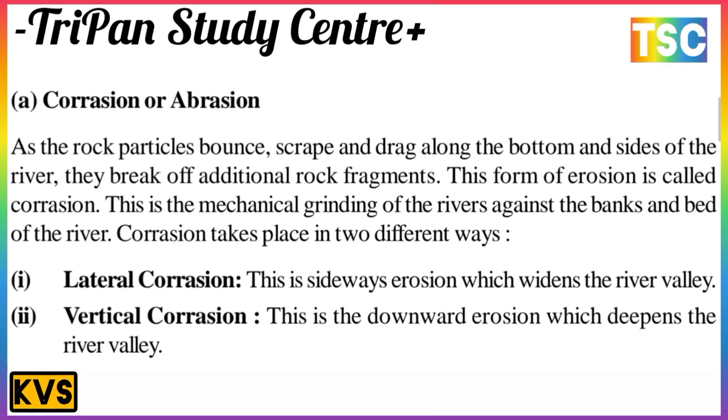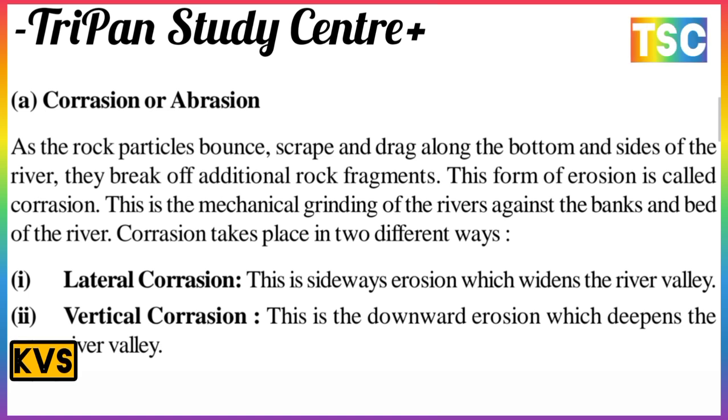Corrosion and abrasion are the most important way here, as the rock particles bounce, scrape, and drag along the bottom and sides of the river. They break off additional rock fragments, and this form of erosion is called corrasion. This is the mechanical grinding of the river against the bank and the bed of the river.